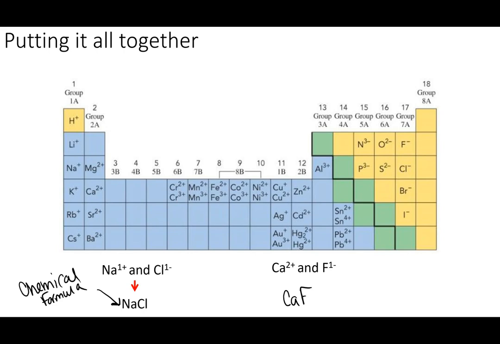Is that balanced, or is that neutral? No. +2, -1, well, that would have a +1 charge. That cannot happen. So what do you think is going to need to happen for calcium and fluorine to come together? We're going to need more than 1 fluorine.